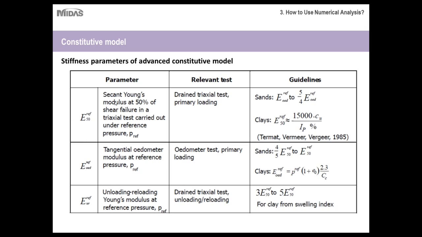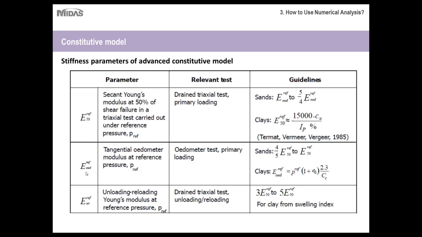E50 is a secant Young's modulus at 50% of shear failure in the triaxial test carried out under reference pressure Pref. The Mohr Coulomb model in itself largely uses E50 as the modulus of elasticity.